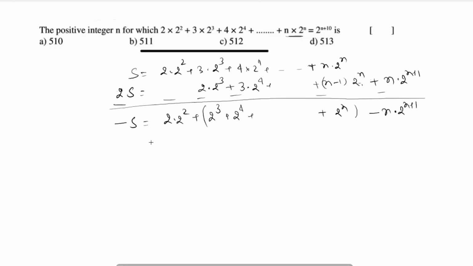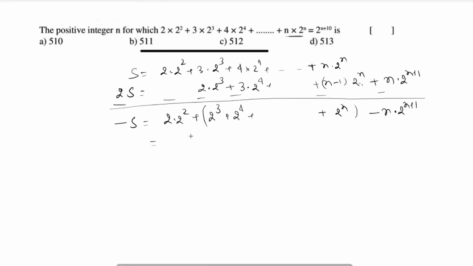Now this is the GP for sure. It's not complete, because before that there should have been 2 square. So I can just add a 2 square here, and before that there will be 2, so that everything is in this way.